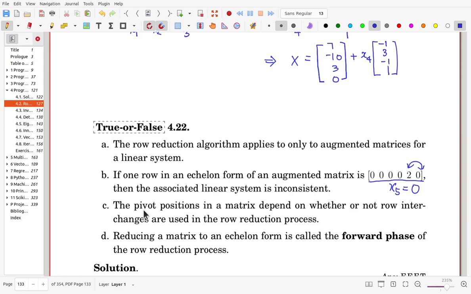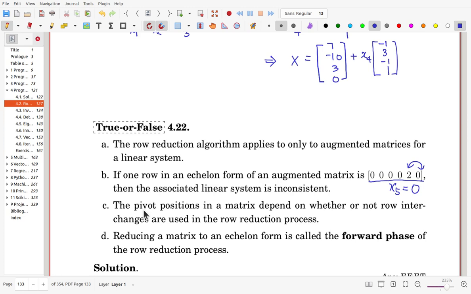Even if you don't use any row interchange, you can decide the pivot positions. Once you reach an echelon form, you can decide the pivot positions in this reduction process, and you don't have to use row interchange if it's not necessary, right? So the given statement is wrong.